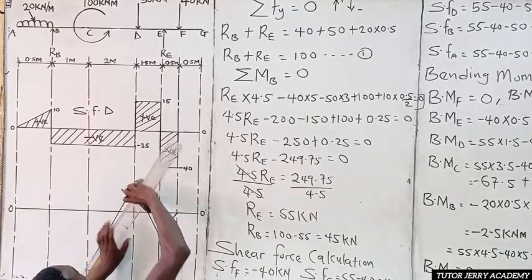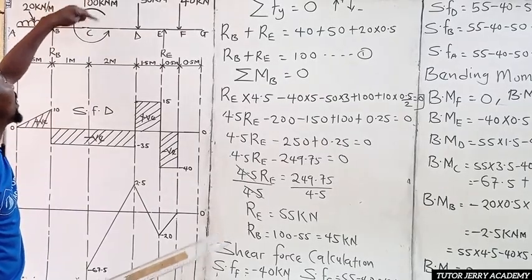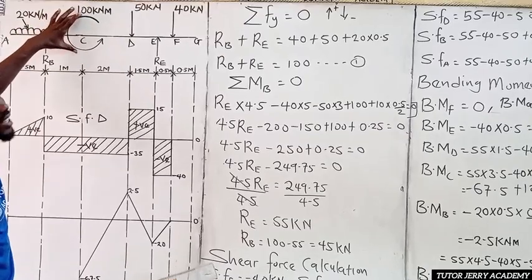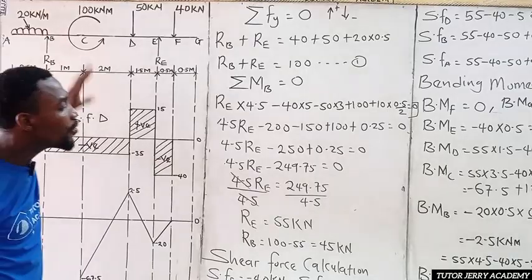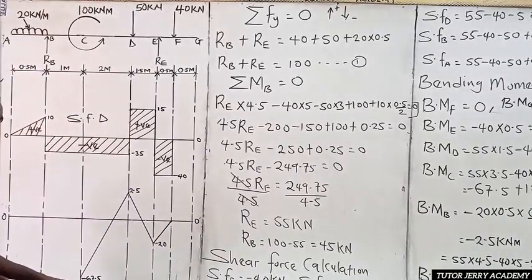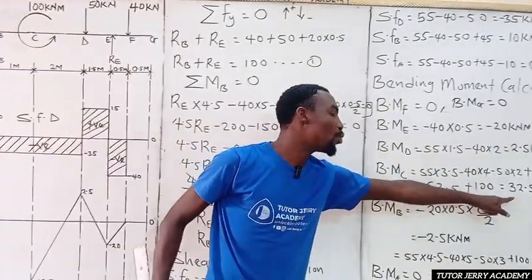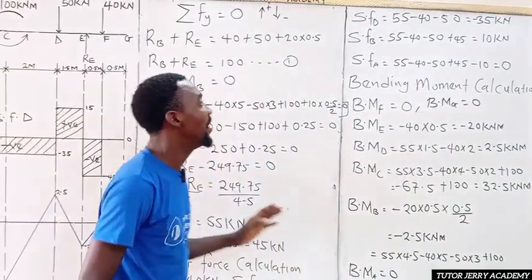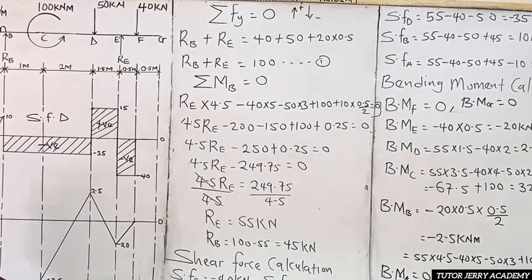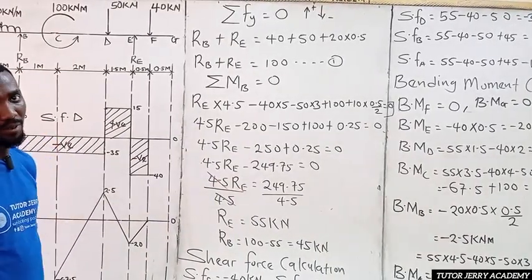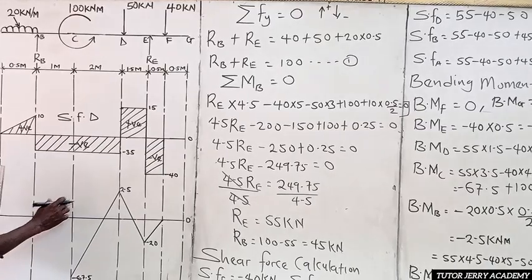Now we have this 100. We now have another moment here, which is 100. I can also call that a couple. When we add the effect to minus 67.5 and add that together, you are going to get 32.5. It means the bending moment there changes from minus 67.5 to 32.5. So we are going to go from this negative side to 32.5.